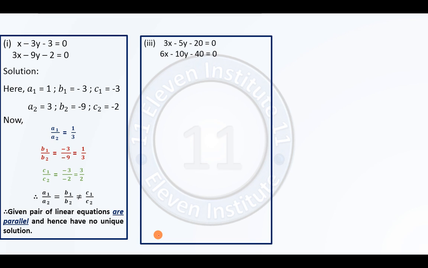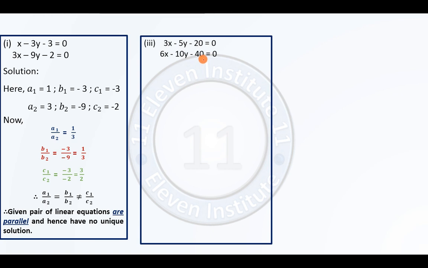Again, before applying any formula we would tally it orally. I see 3 and 6 over here, so 3 multiplied by 2 is 6, minus 5 multiplied by 2 is minus 10, and minus 20 multiplied by 2 is minus 40. I can clearly see equation number 1 has been multiplied by 2.